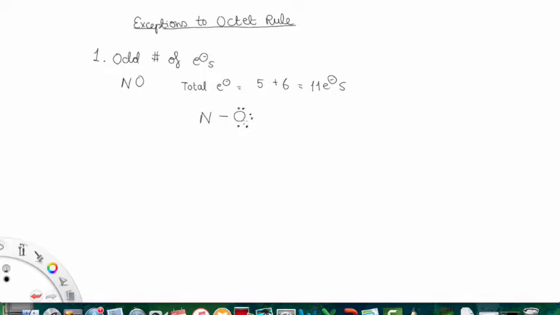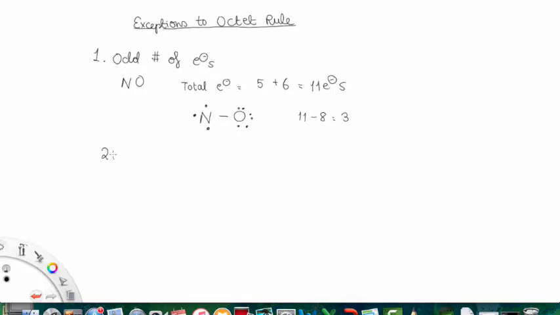And the remainder of the electrons, so 11 minus 8, which equals 3, goes on the central atom. So 1, 2, 3. There are currently 5 valence electrons around the nitrogen. A double bond would place 7 around the nitrogen, and a triple bond would place 9 around the nitrogen. So in this case, there's an exception to the octet rule.